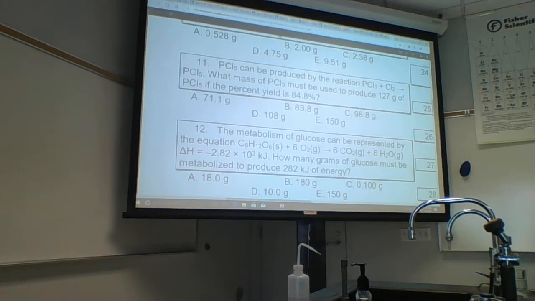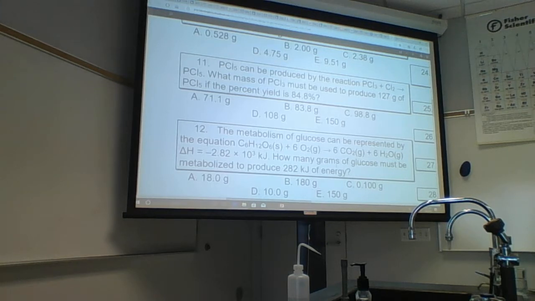So that reaction. What mass of PCl3 must be used to produce 127 grams of PCl5? Percent yield is 84.8%. So this is a test of your dimensional analysis skill. If the percent yield is 84.8%, that means we're going to lose some, and we're going to anticipate loss.